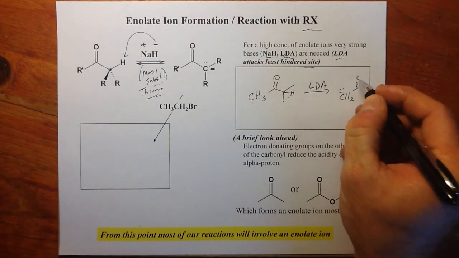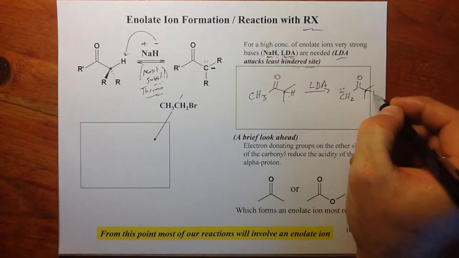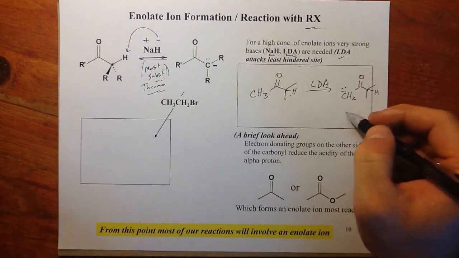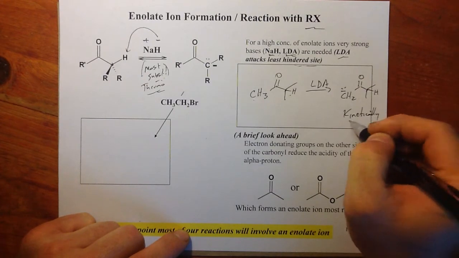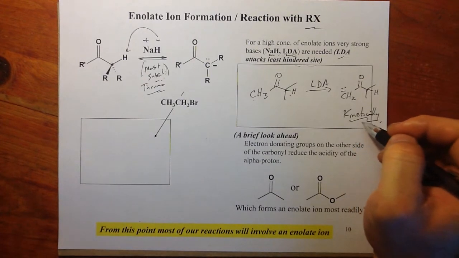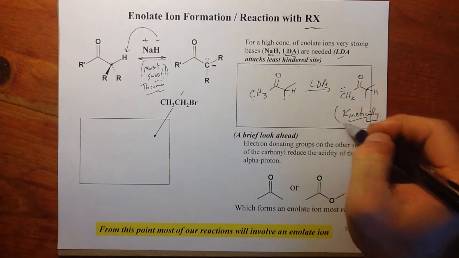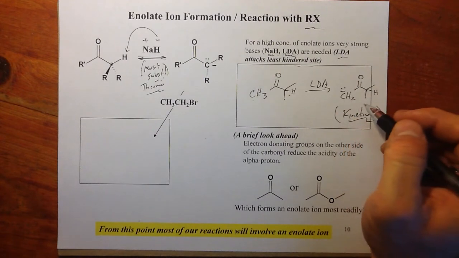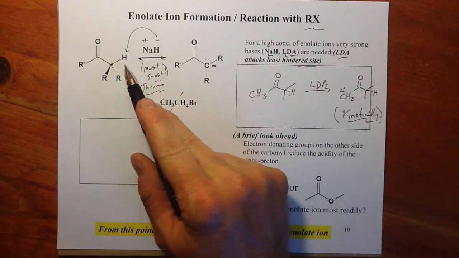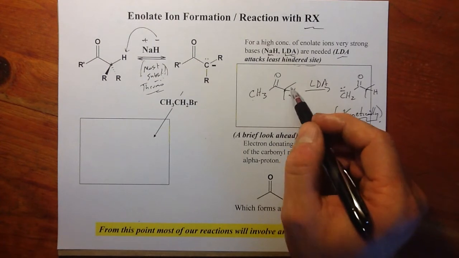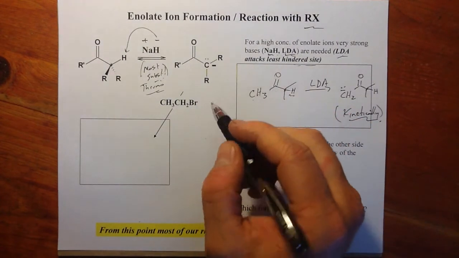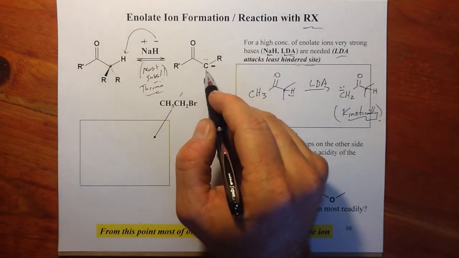And again, this would be the kinetically favored product, not thermodynamically favored. So everything in context here, we'd have to run fast and at low temps if we want to use this enolate ion. Sodium hydride would go after generally the thermodynamically favored side, the carbon that has the most alkyl groups off of it. So let's stick with sodium hydride.